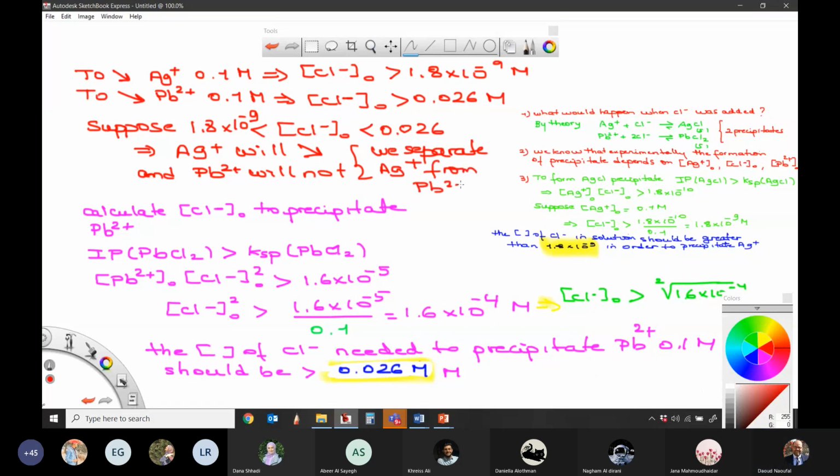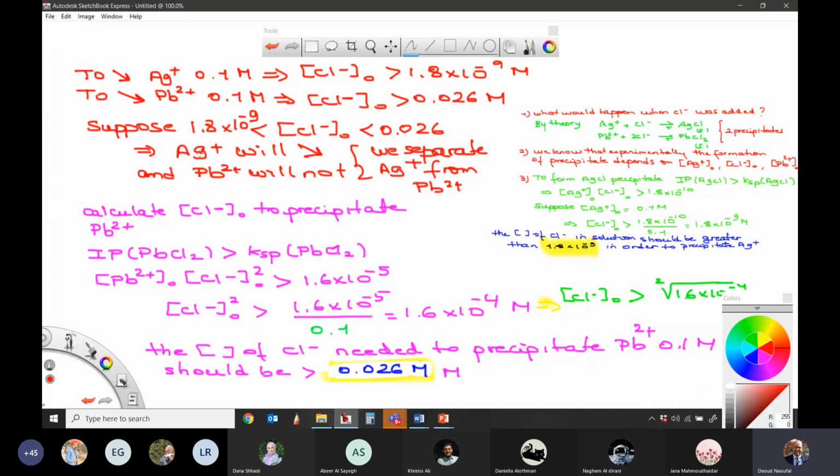So now, if you add Cl- greater than 1.8 10 minus 9, you precipitate Ag+, and this value of Cl- you add, suppose is less than 0.026, so you would not precipitate Pb2+.